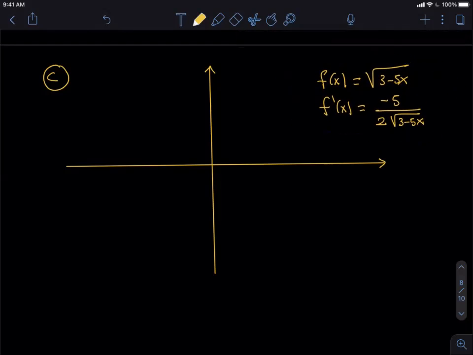First of all, this function f has a 0 when x equals 3/5. So we display that.